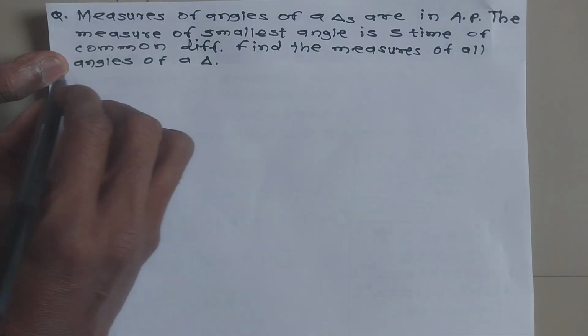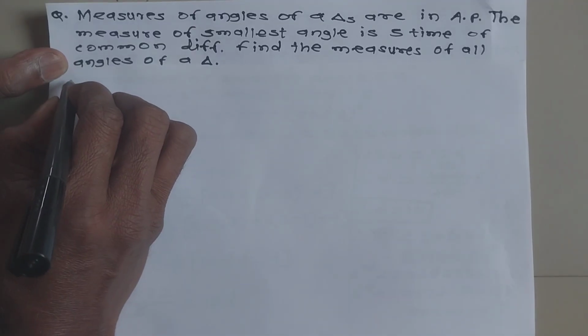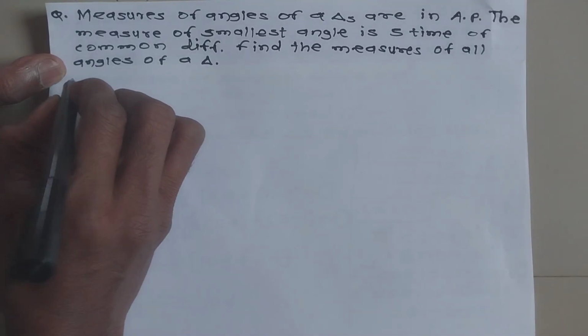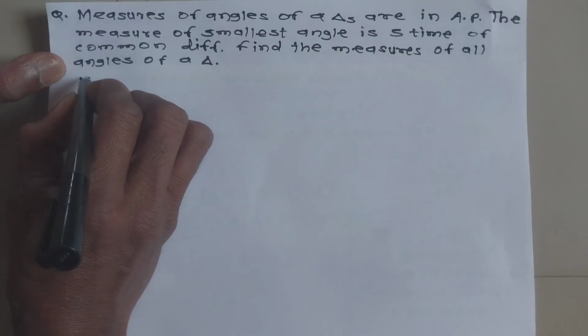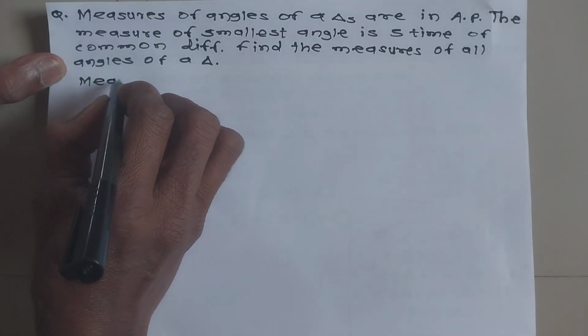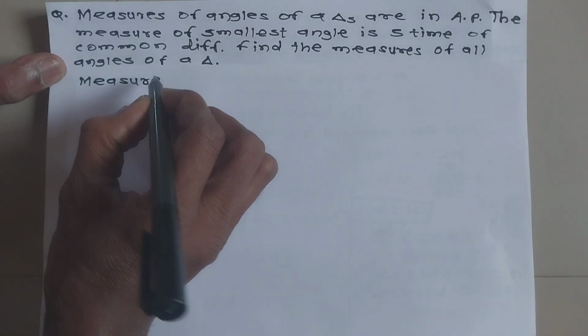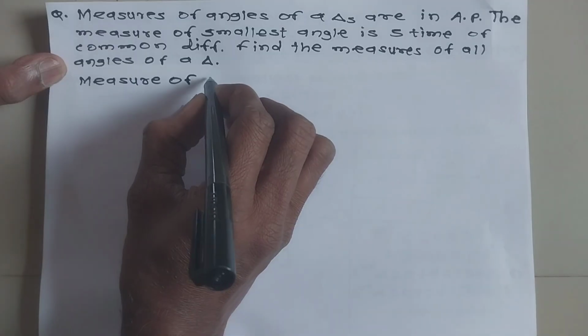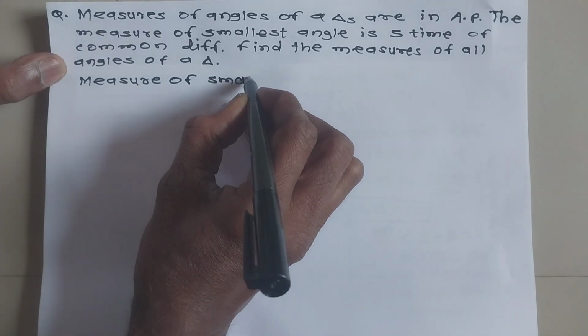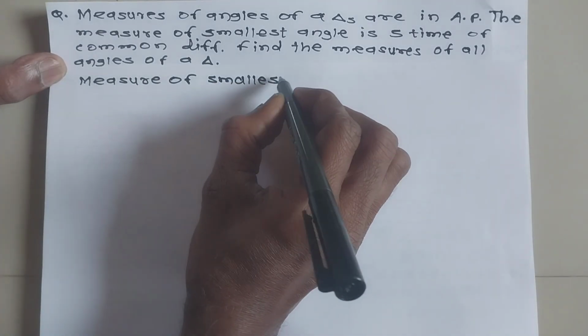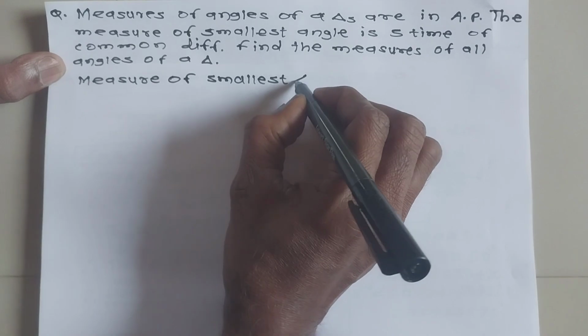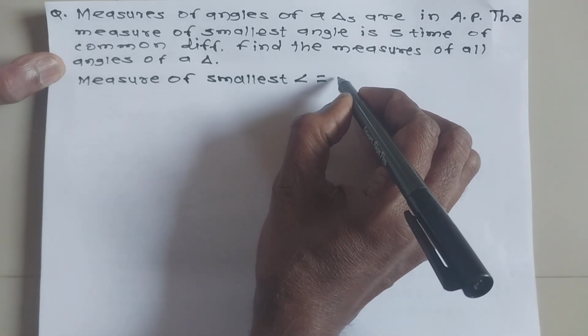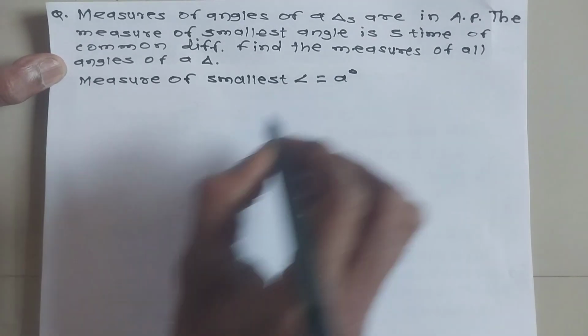Therefore, first we write here the measure of the smallest angle of a triangle is equal to a degree.